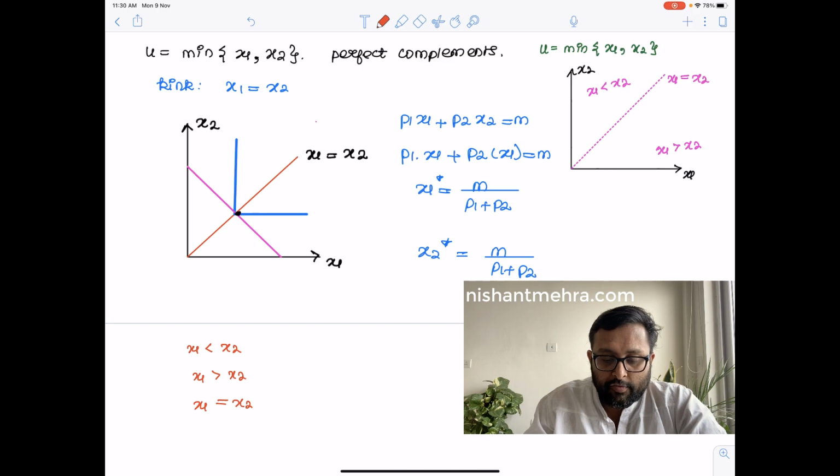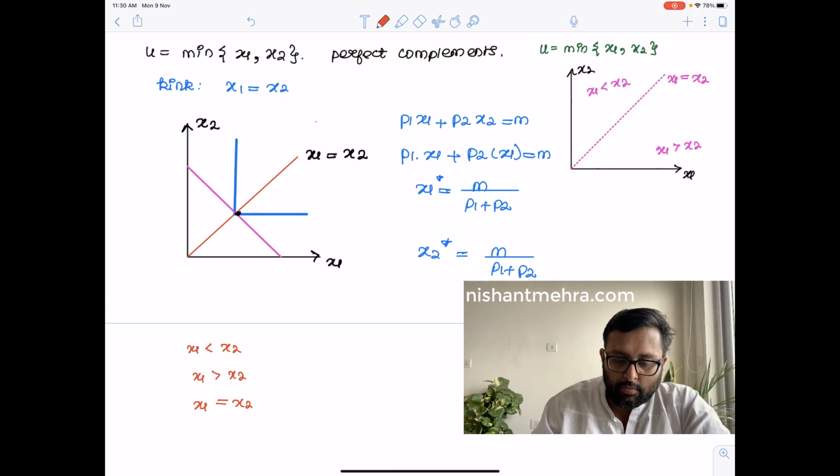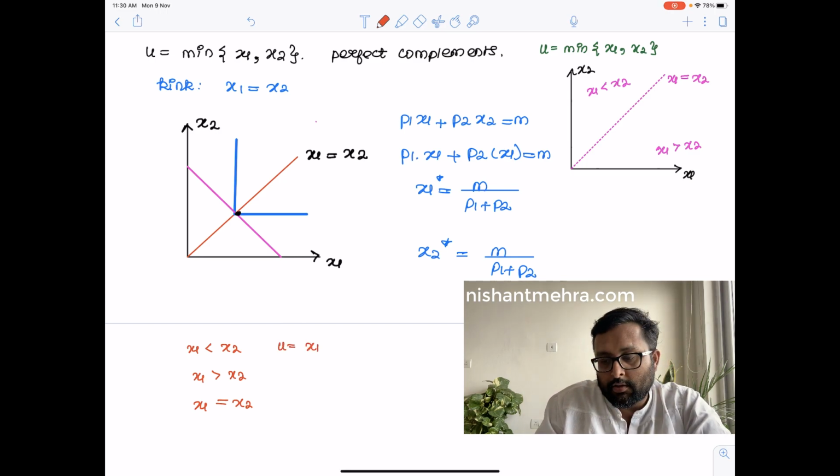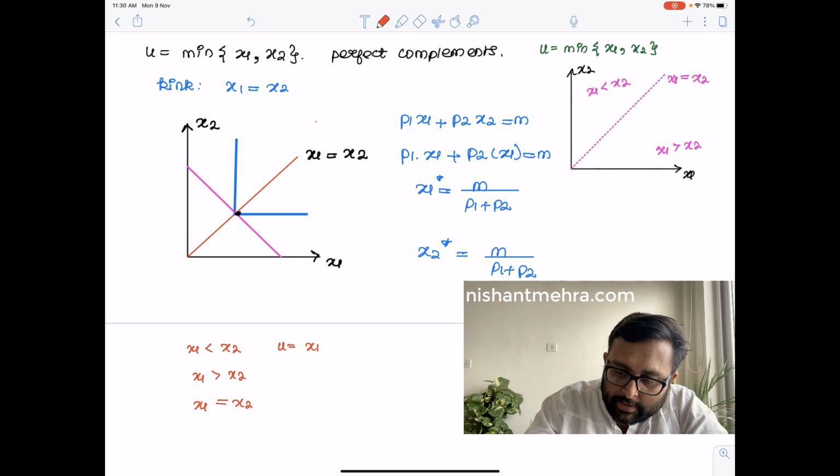So when you have min of x1, x2 and x1 is less than x2, u is equal to x1, right? So you can assume some value of u, for example 4, let's say. So 4 equals to x1. This is this region beta, x1 less than x2 region.